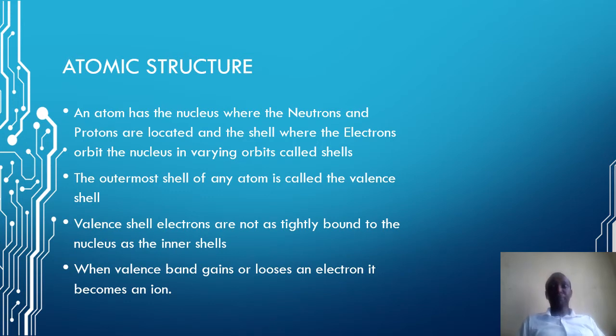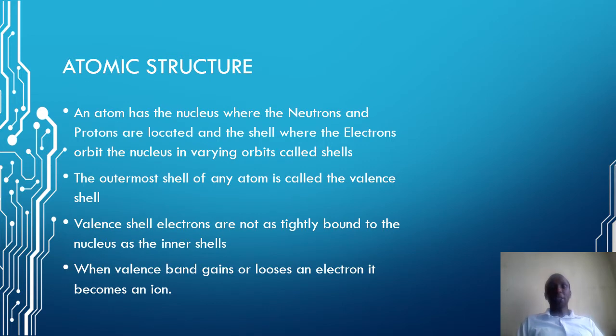Now, the valence band is, as stated, the outermost energy level or the outermost shell in which an electron can exist. And because of the distance from the nucleus, these valence band electrons usually are not as tightly bound to the nucleus as the inner electrons.